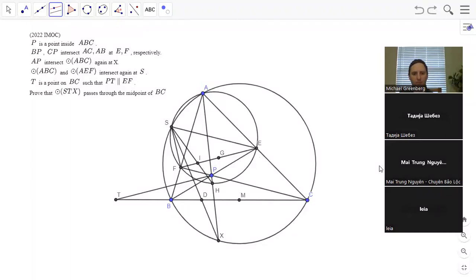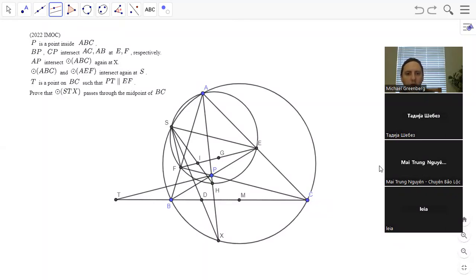Oh, I think we can actually prove that. Maybe. Can we show that FM over ME is BD over DC? I think we can show that, right? Yeah, that is by spiral similarity.